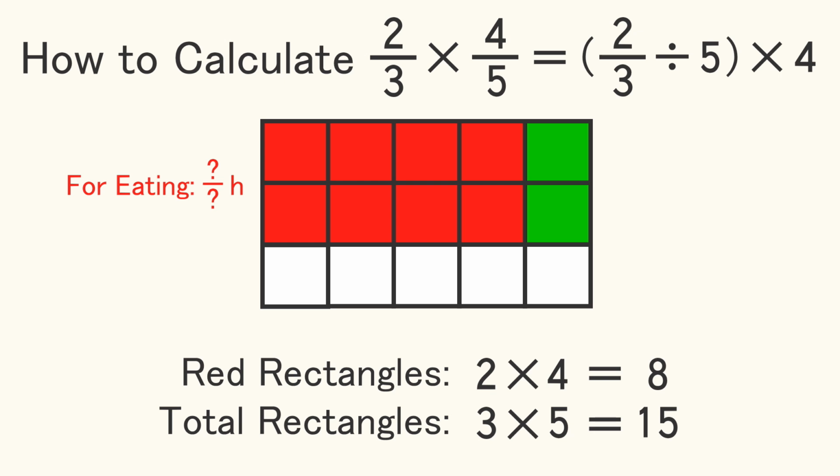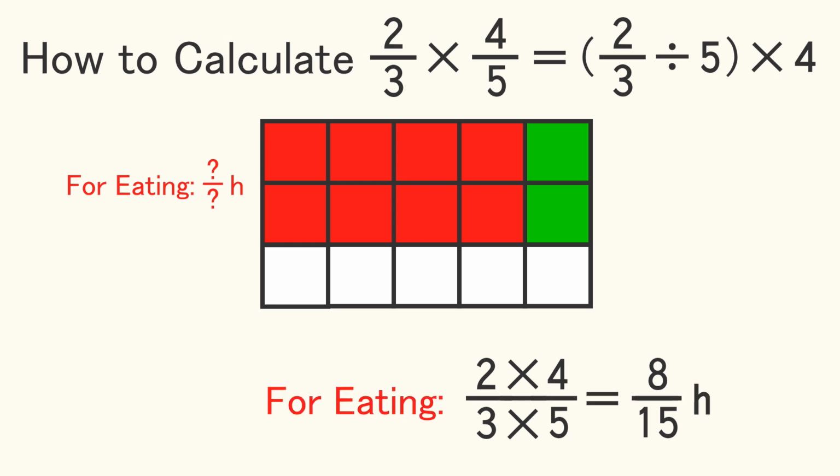In other words, the time spent eating is shown by 8 out of the 15 equal parts that make up the entire 1 hour rectangle. So the time spent eating is 8/15 of 1 hour, that is 8/15 hour, as calculated by 2 multiplied by 4 over 3 multiplied by 5 equals 8/15.